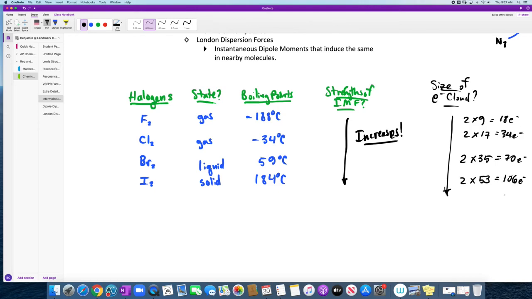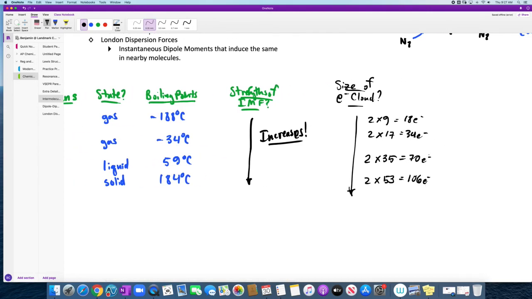More and more electrons, stronger and stronger intermolecular forces. Why would that be the case? Because the electron cloud is getting more polarizable as we go down this direction. More polarizable. In other words, more of a chance of a given instantaneous dipole moment.